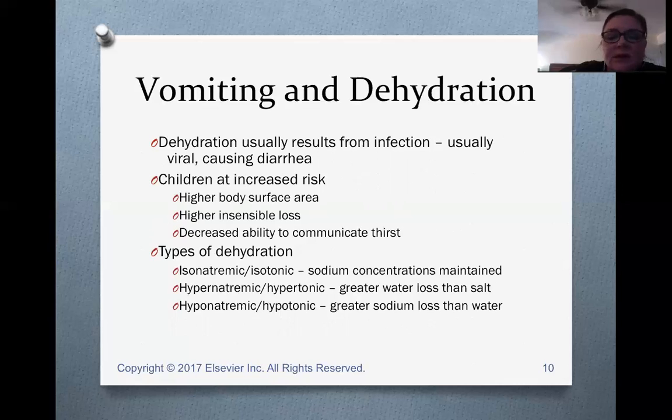We take dehydration in young children and infants very seriously, because we know that once we start getting into that fluid electrolyte imbalance, everything is affected in our body, and also we can lead quickly to hypovolemic shock.